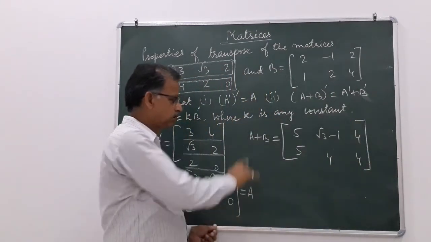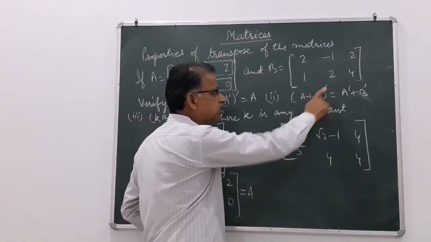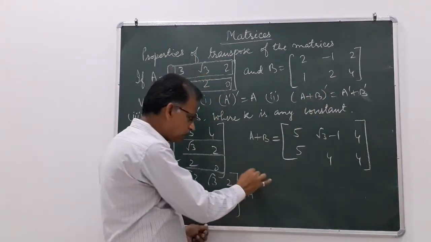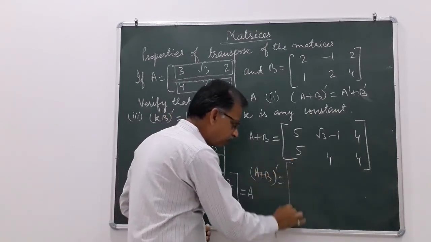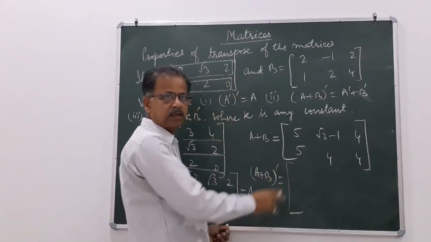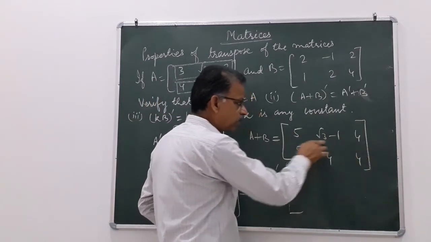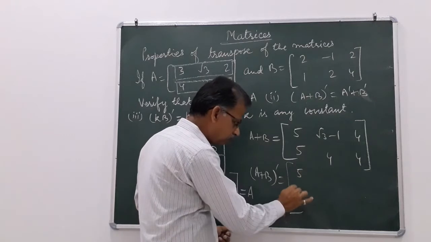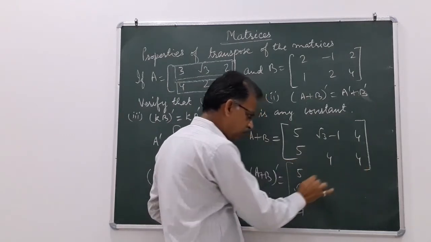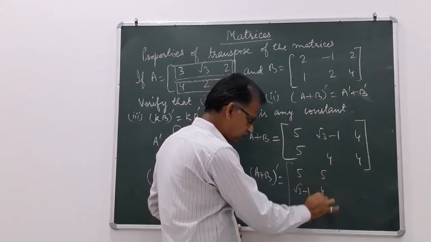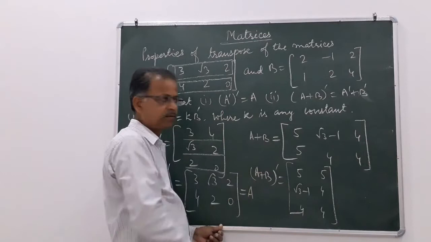This is sum of matrices A and B. Now we find transpose of A plus B. So transpose of A plus B is obtained by interchanging rows and columns of this matrix. So we convert this first row in first column and we convert second row in second column. So this will represent transpose of A plus B.